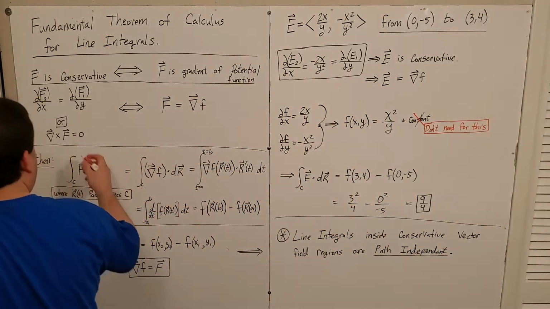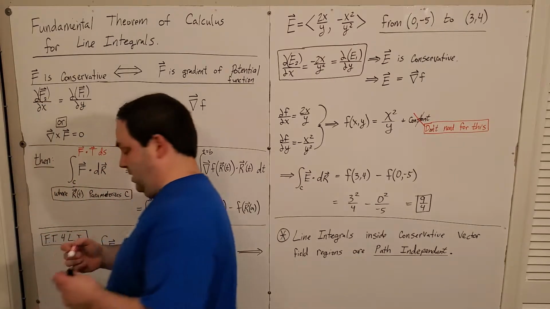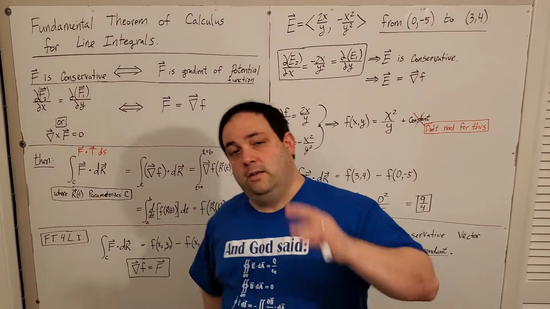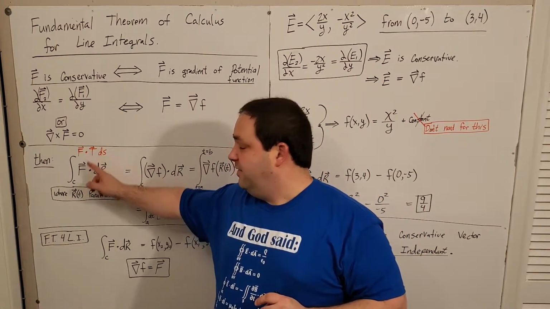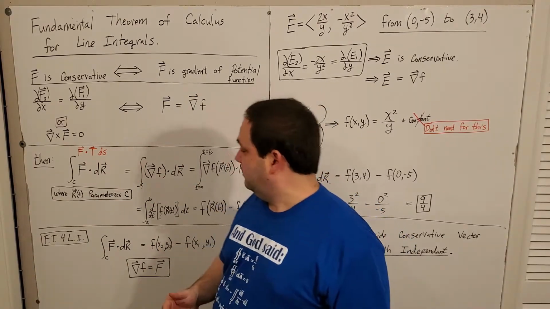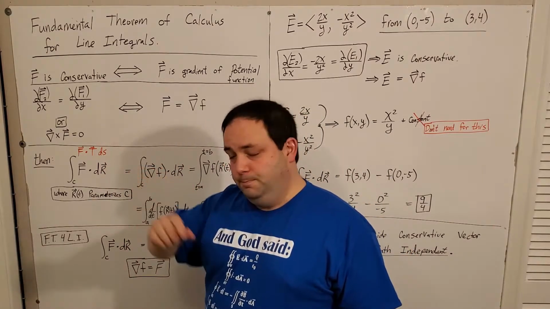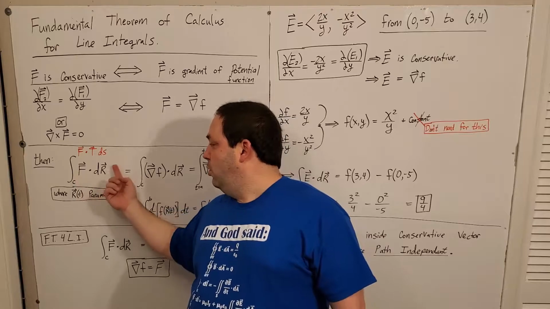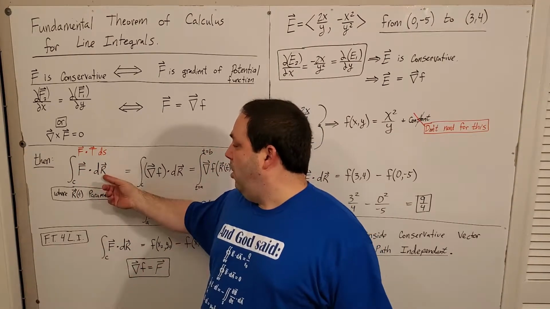Don't forget, that's the same thing as this, F dot T ds, which means we're just dotting the vector field at each point on the curve that we're following with the tangent vector of the path itself, right? Over the length increment.